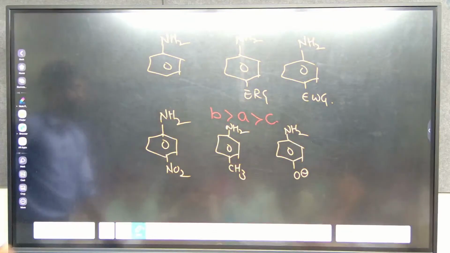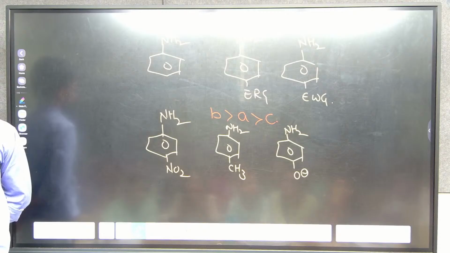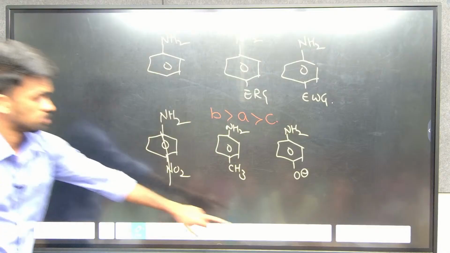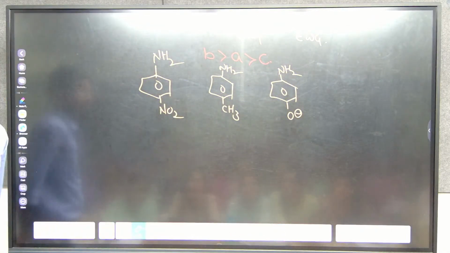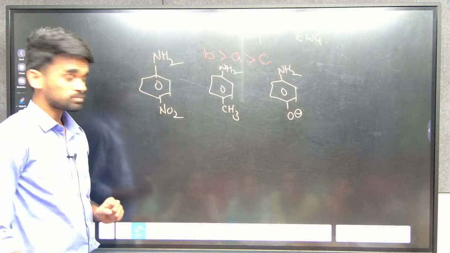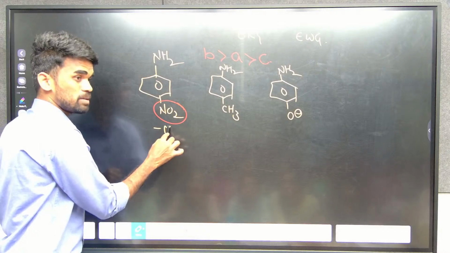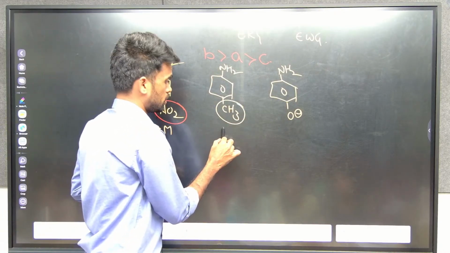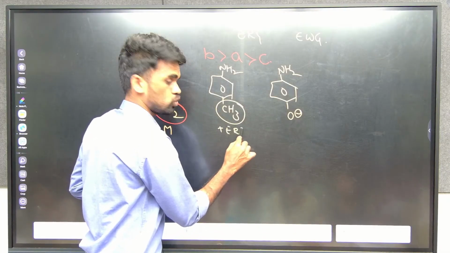Fast. What is the order? Again, identify what type of group it is. Strong minus M group, strong electron withdrawing group. Next, what about this group? Plus M group, electron releasing group, I am writing here.